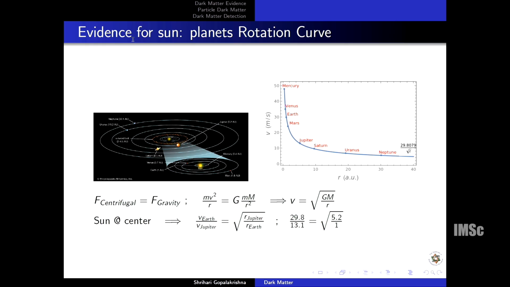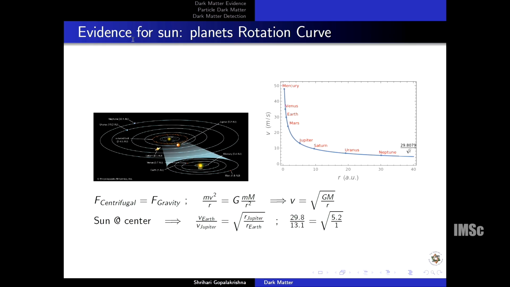One example I give here is from this velocity going like 1 over square root of r. From that relation, G and M don't change from planet to planet, right? G is the gravitational constant, it is a constant, and M is the mass of the sun. That also doesn't change. Every planet looks at the same sun. So this G times M is a constant. So the only thing that is changing is the velocity of that planet and the radius of that planet, how far it is from the sun.